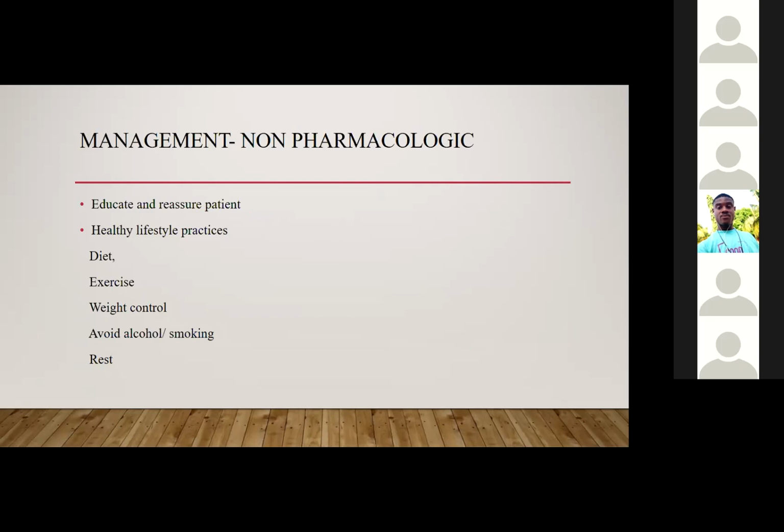Of course, once we realize you have stable angina, we'll counsel you: you need to exercise well, you need to make sure you are eating the right things at the right time, you're not eating late. The focus is basically cutting down all your risk factors to atherosclerosis, because that's one of the major features of ischemic heart disease.